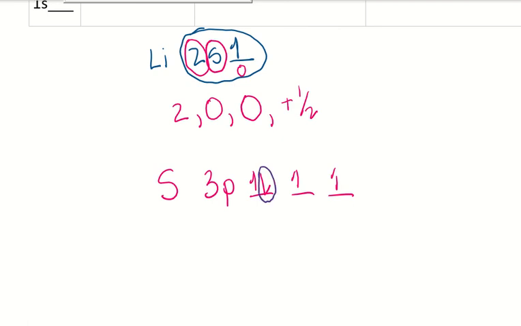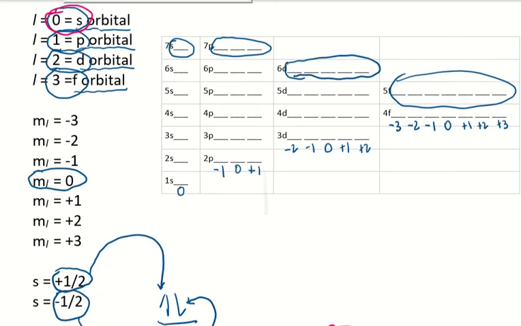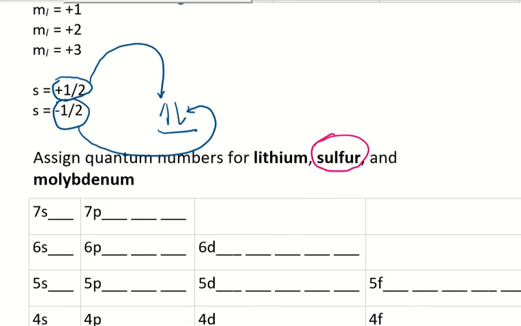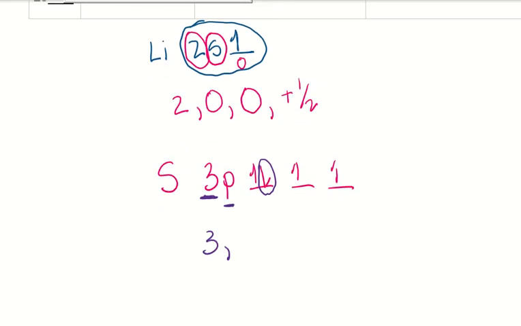So what energy level do we have? 3. What sublevel do we have? For P, that'd be 1, so go back up here and reference P. P is 1. What orbital? 0, negative 1, and then 1.